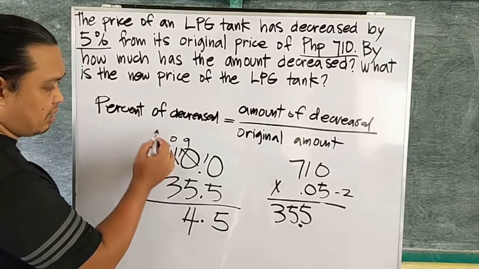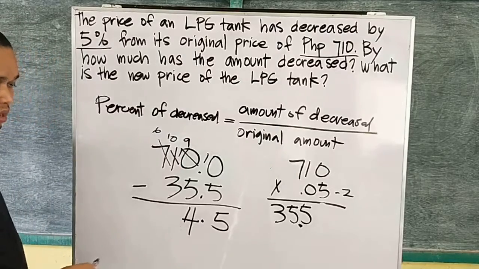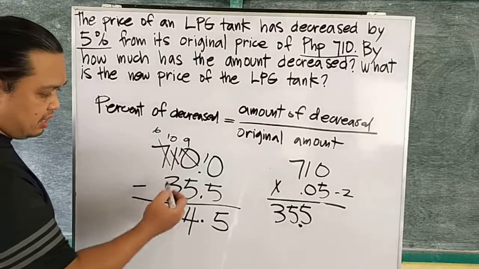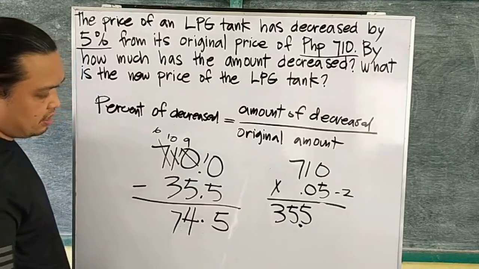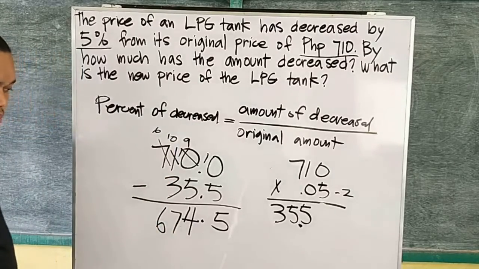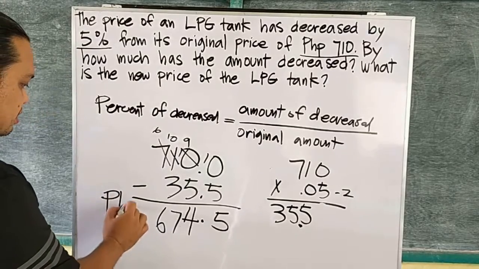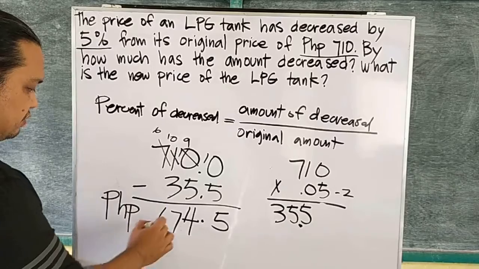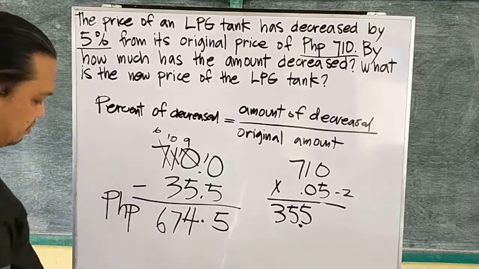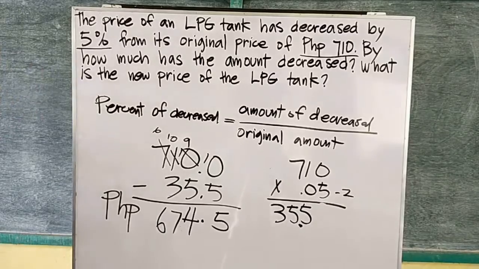So 7 will become 6, 0 will become 10. Now we can subtract, 10 minus 3, that's 7. And bring down 6. So we have 674.50, or 674.5, for the new price of the LPG tank.